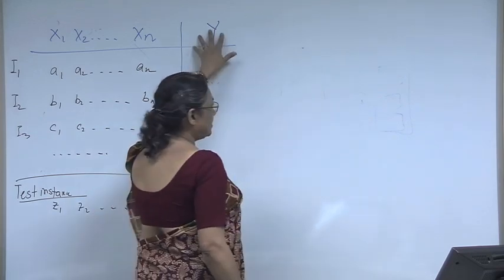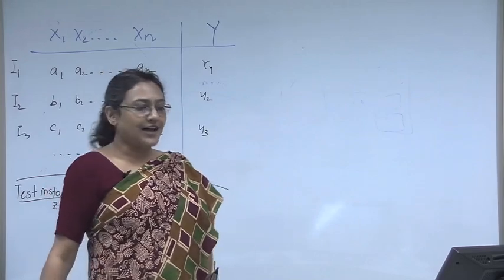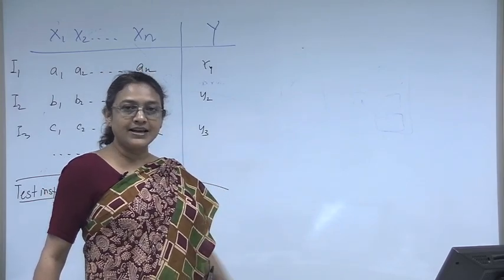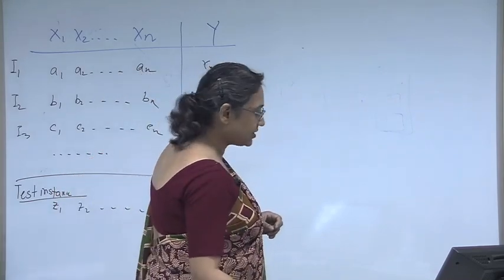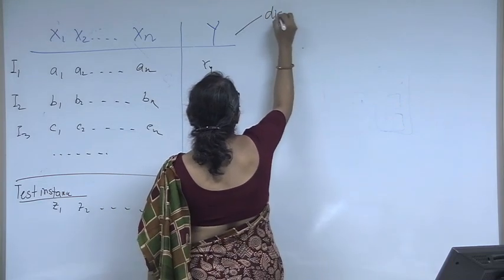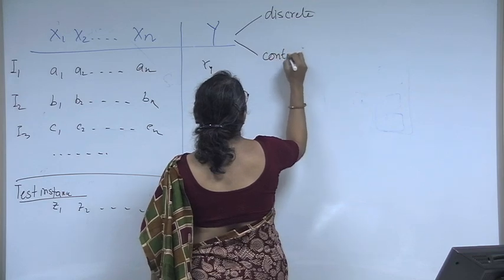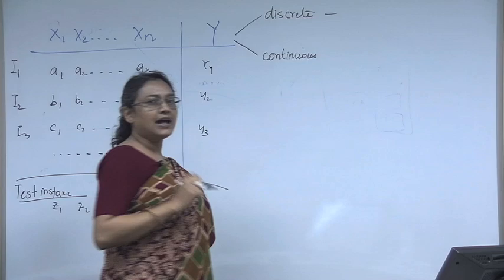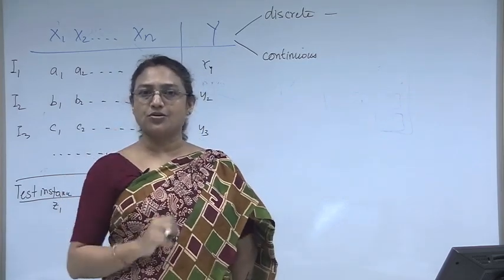Now, the y or the target feature can be a discrete valued feature or a continuous valued feature. If y is a discrete valued feature, we call such a problem a classification problem. For example, we can have a discrete valued feature like whether it will rain or not tomorrow.